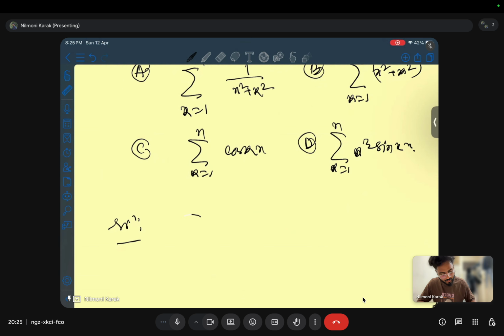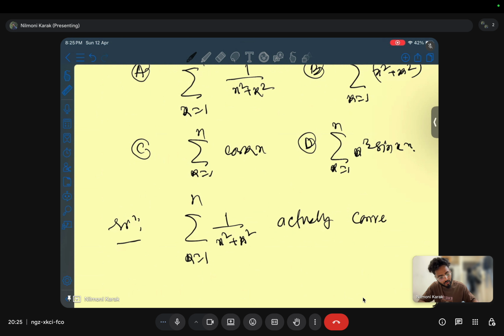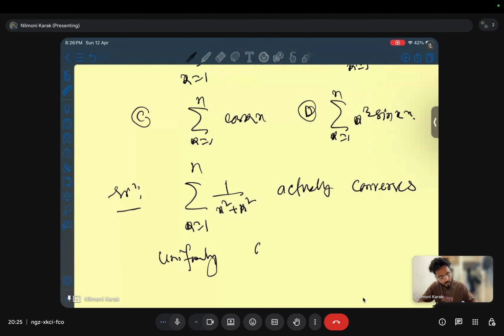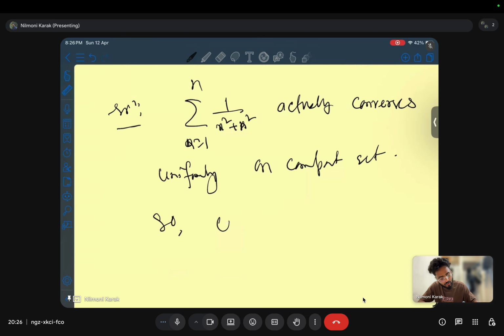So this actually converges uniformly on compact sets, right? So it converges in the distributional sense.